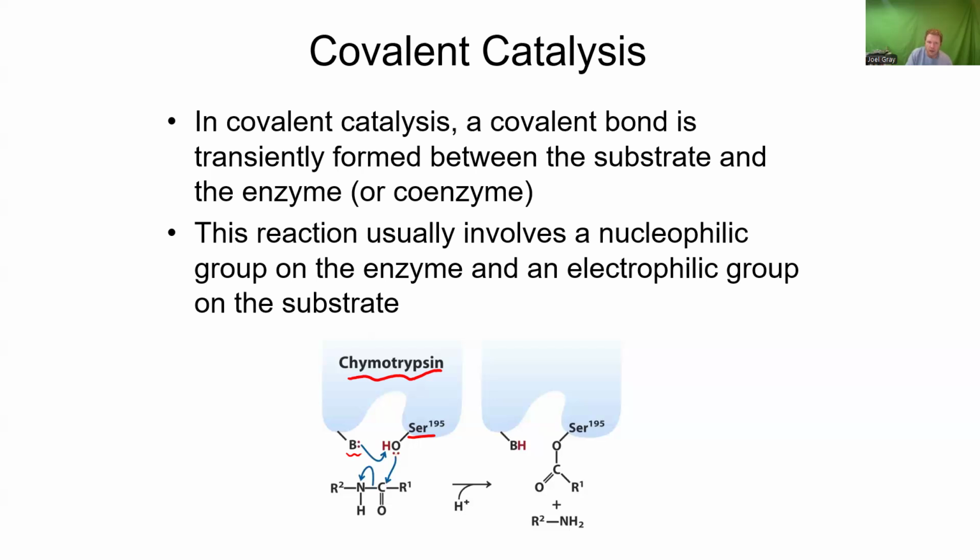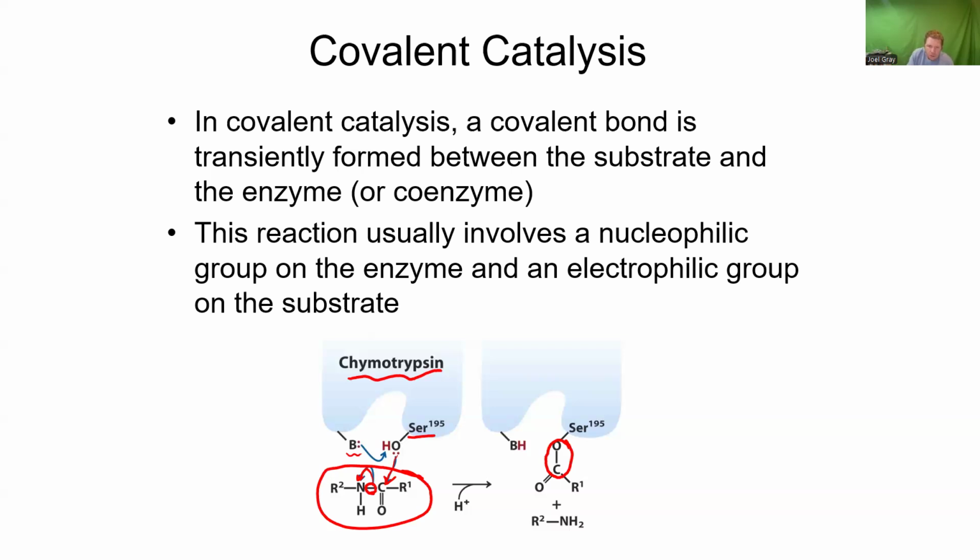So here is our substrate down here, and we have this serine come down here and find that partial positive charge on that carbon. This bond right here, that shared pair of electrons, swings over here, breaking the bond, and here is the temporarily formed covalent bond between part of our substrate and our enzyme.